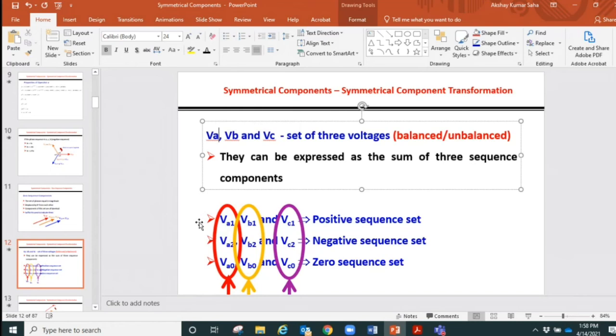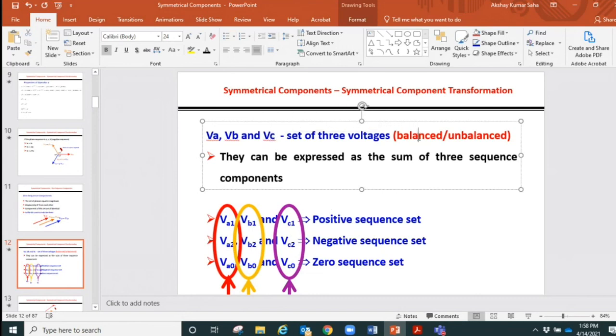And this addition is not arithmetic addition, it's phasor addition, vectorial addition. Similarly, if we add VB1, VB2, and VB0, we will get VB, the original phase voltage of B. Similarly, the same thing can be said for phase C. If we add VC1, VC2, and VC0, then we get VC.